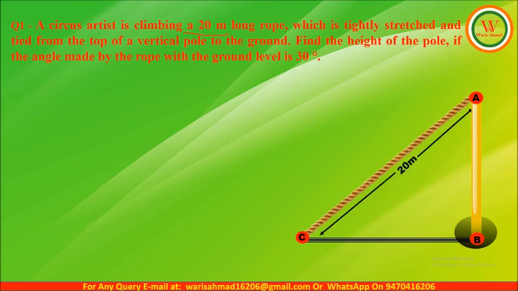So the measurement of AC we can write 20 meter, and the last line, it is given the angle made by the rope with the ground level is 30 degree. Means the angle between this rope and this ground is given 30 degree. So we can write here the measurement of angle ACB is equal to 30 degree. This is a circus artist.